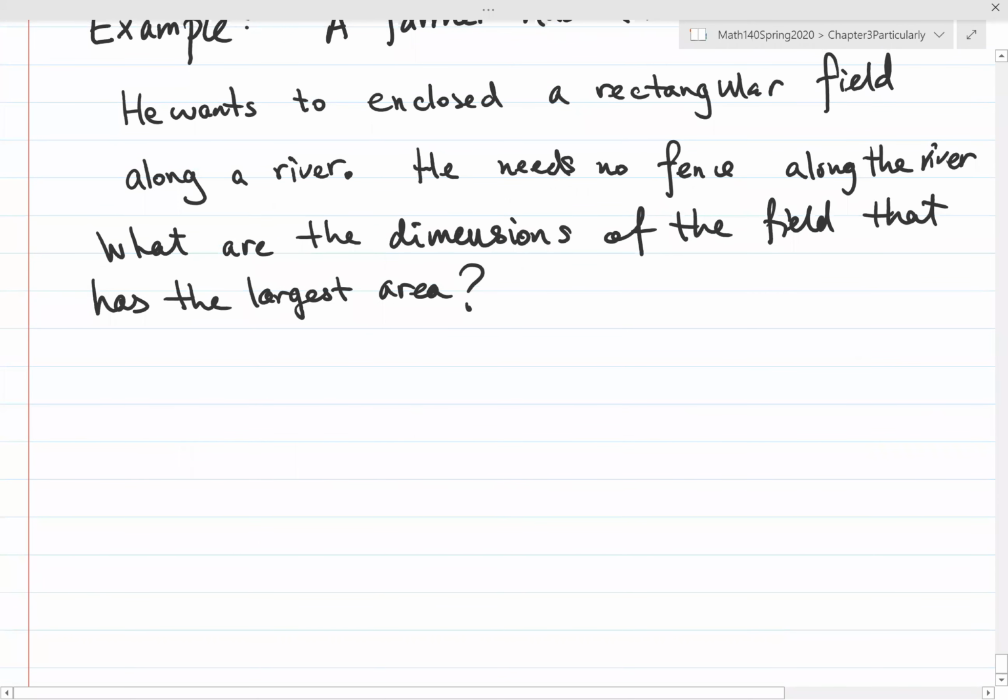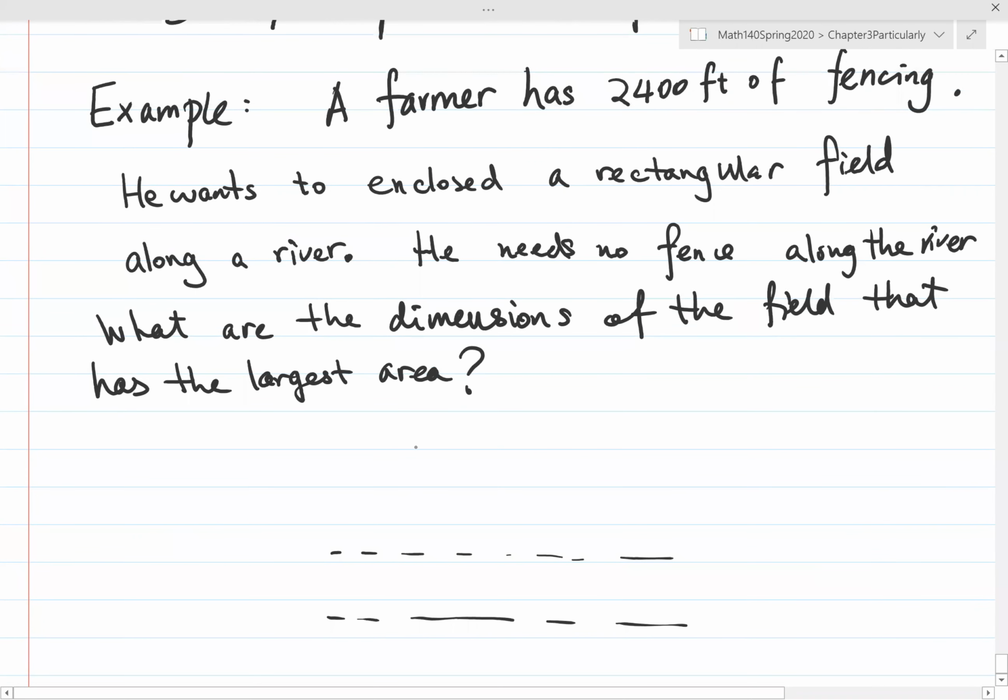Suppose we have a river. So this is the river. Now the farmer encloses a rectangular field.